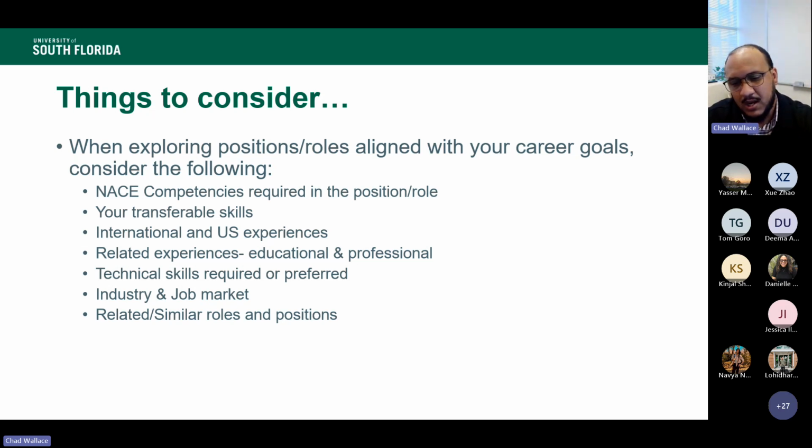What are the things that you've learned in your classes, group projects, academic projects, or actual curriculum, utilizing technical skills? What are some things that you've learned from your classes that may be aligned with that role or that position or that industry? And then obviously, your professional experiences, whether that's your internships, your research, volunteering, shadowing, or experiences that you've done that are aligned.